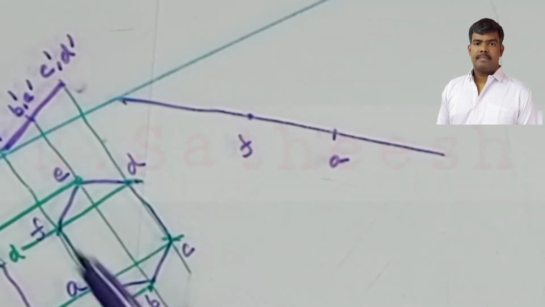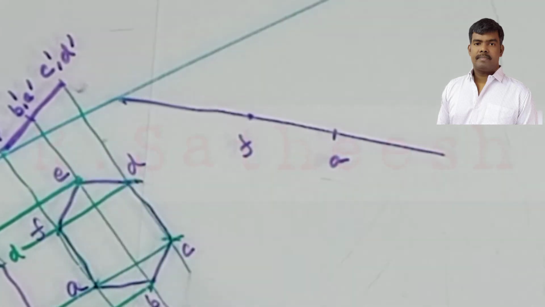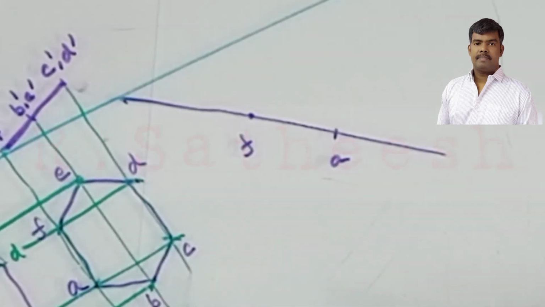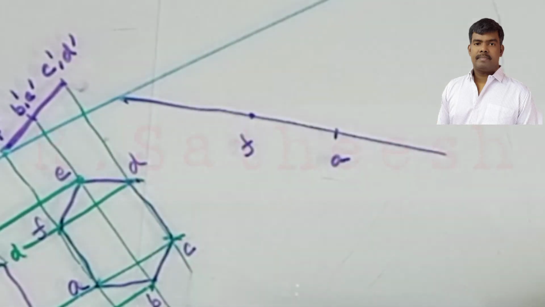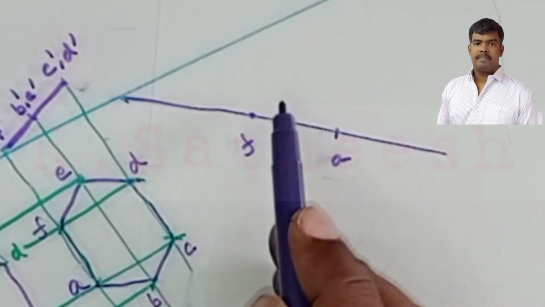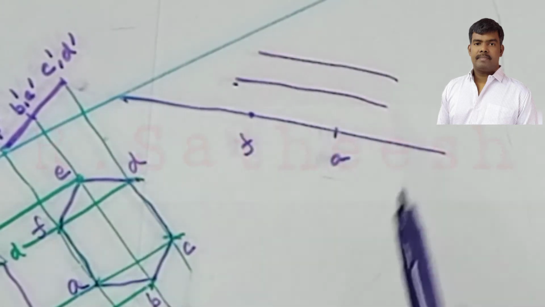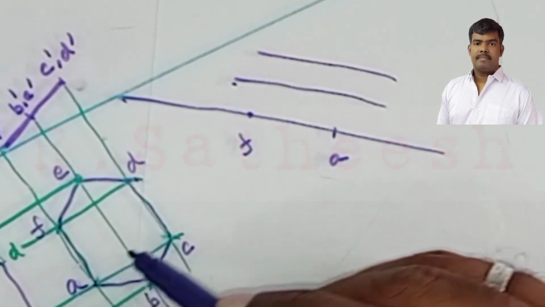These lines are parallel. How much distance is there? You measure it, here to here is the same distance as here to here. So all the vertical lines now come to 45 degrees incline. This distance is equal to here.